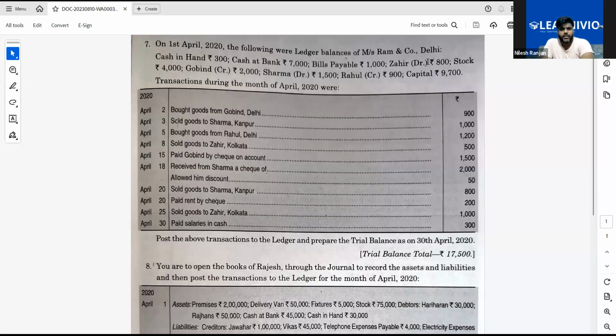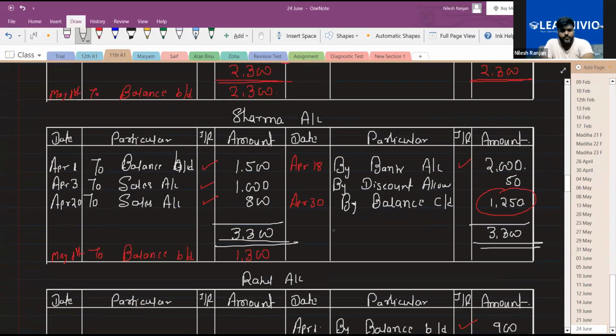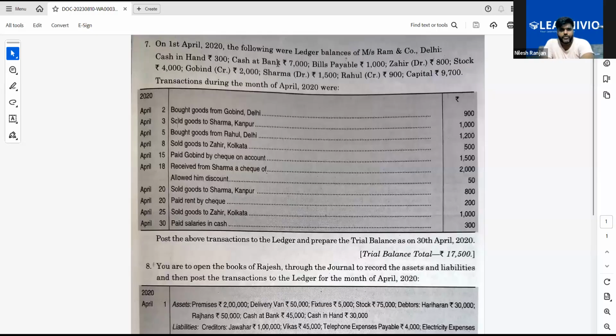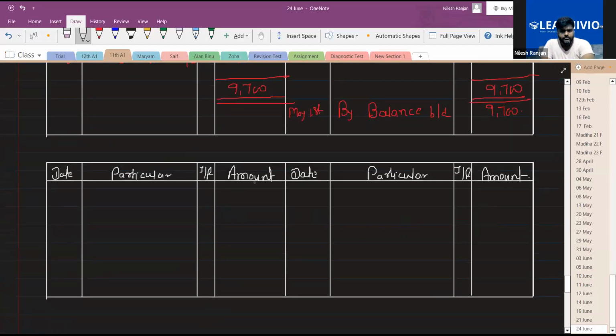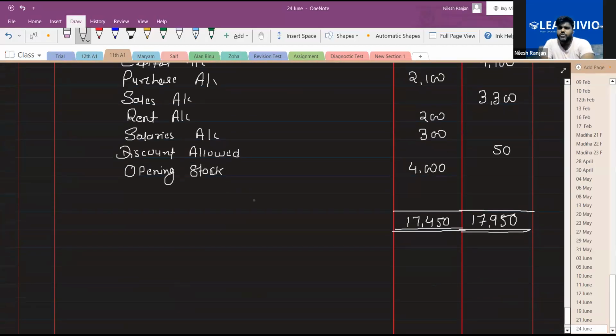Balance 800. Then sold goods. This one 2,000. Balance 1,500. Sharma 1,000. 800. 3,300. Total 950.